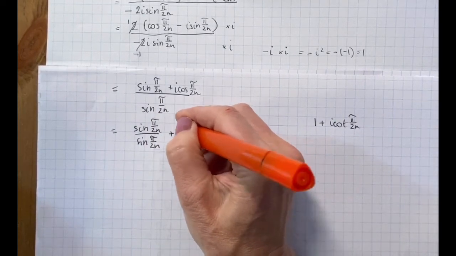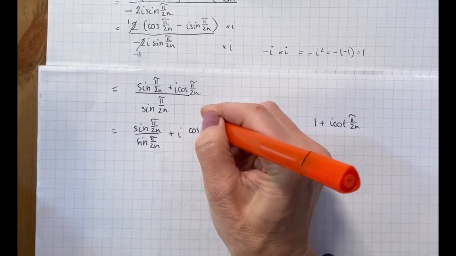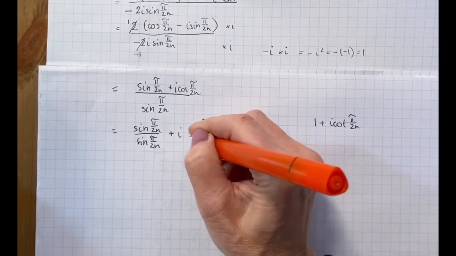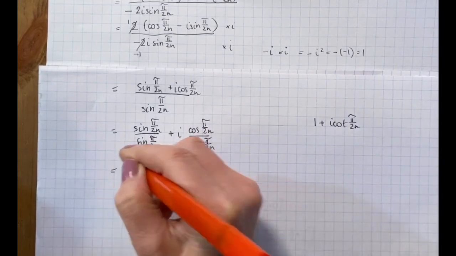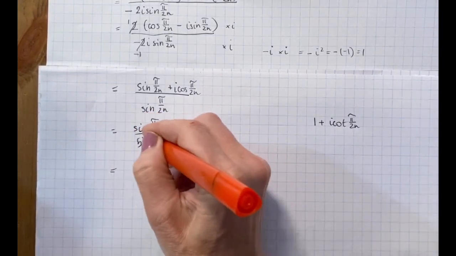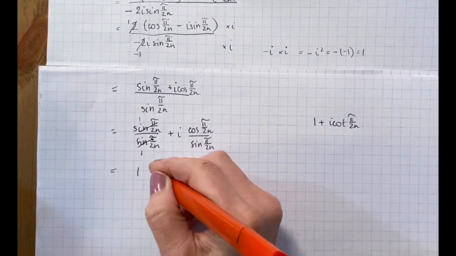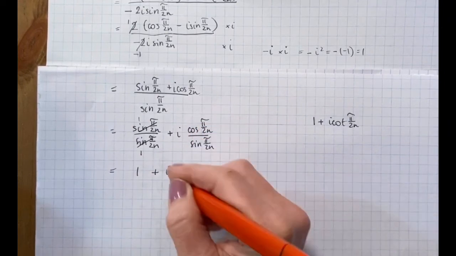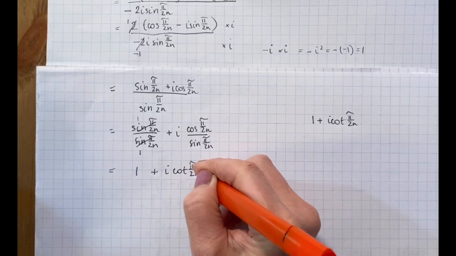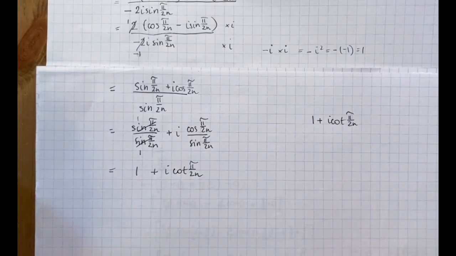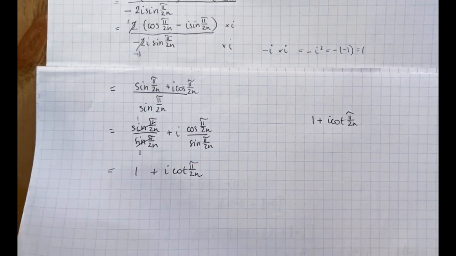So let's see if we're going to get it. Cos pi over 2n over sine pi over 2n, and it's good news. Because the first fraction clearly divides to 1, and you've got plus i, this simplifies to cot pi over 2n. Okay, and this is example 13 done.